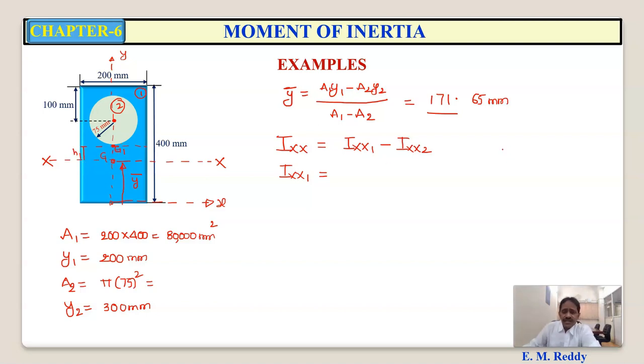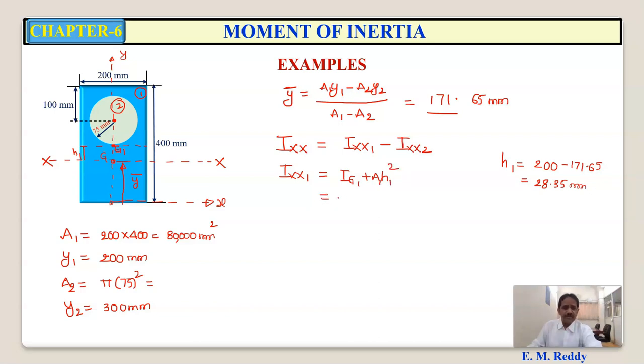So what will be the H1 here? H1 is equal to, yes, 200 minus y bar, that is 171.65. Distance between the two parallel axes, 28.35. Now using parallel axis theorem, Ixx1 is equal to Ig1 plus A1 H1 square.